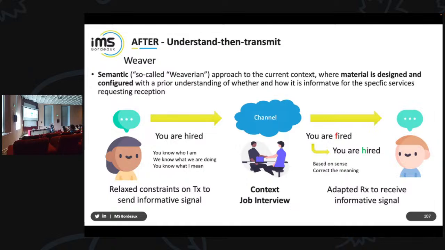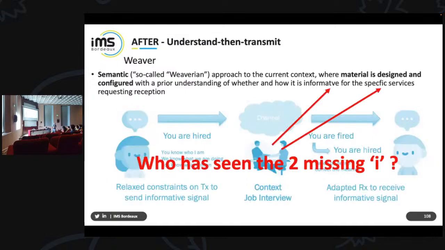Of course, there's meaning in it because we share the context. And it's exactly what Weaver wanted to do. No pressure on the transmitter, speak as he wants, but the receiver will understand because there is a context. And you didn't see it on that slide, there were 2 'the' missing, because your brain automatically corrects what you read. Yes, see, you are the receiver and you have automatically corrected.